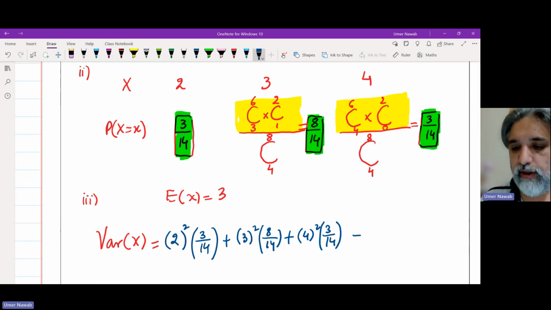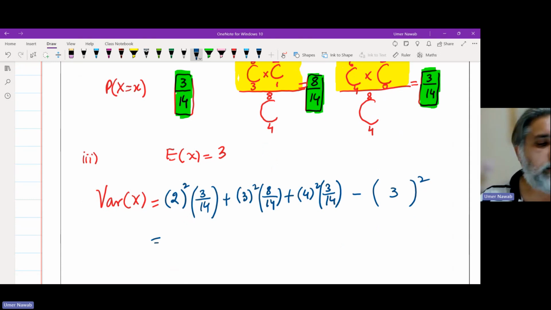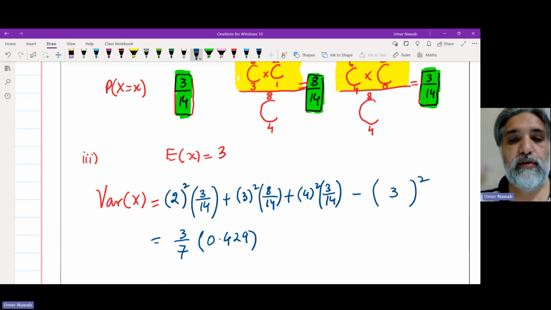After doing this, now I write minus expected value. Expected value is given to me 3. I put 3 squared. And the final answer will be 3/7, or I may write it in 3 significant figures, 0.429. That's the final answer for this question.